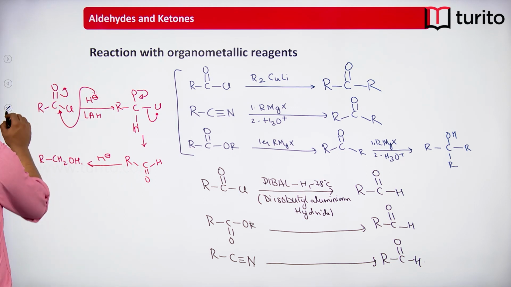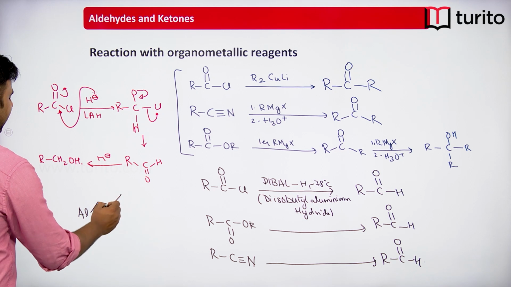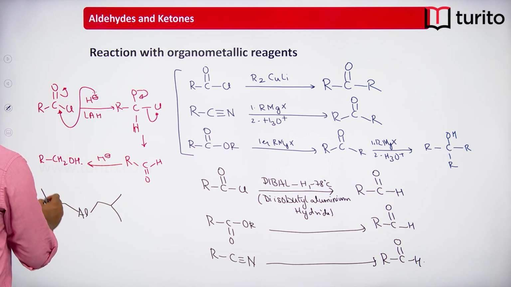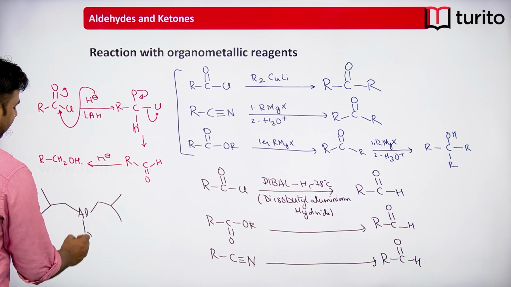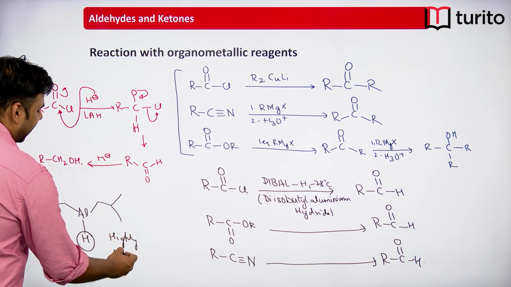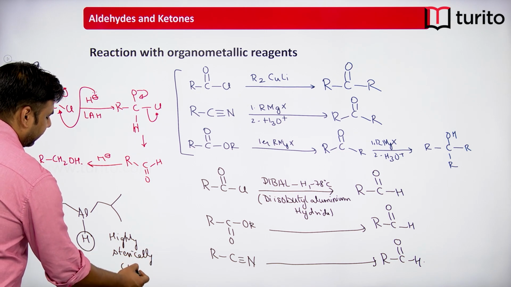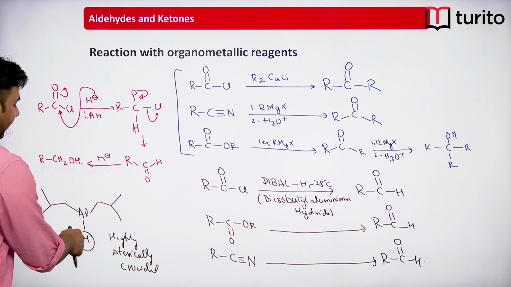So what exactly is DIBAL-H doing? If you look at the structure of DIBAL-H, it is basically diisobutyl aluminum hydride. Its structure is something like this. Now you can see that this is highly sterically hindered. Because of its high steric crowding, it only provides one hydride ion.